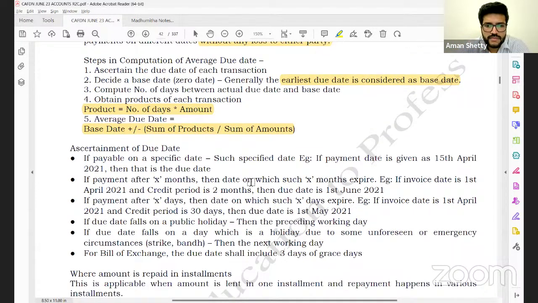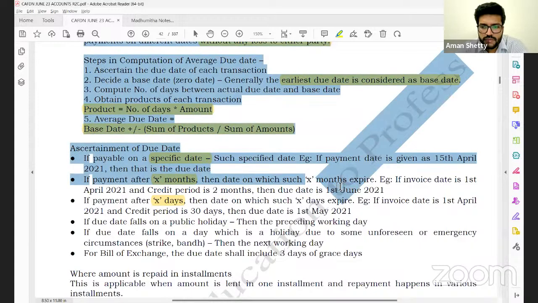Ascertainment of due date. If payable on a specific date, for example if payment date is given as 15th April 2021, then that date is the due date. If payment after X months, then the date on which X months expire. Example, if invoice date is 1st April 2021 and credit period is 2 months, then the due date is 1st June 2021. If payment after X days, then the date on which such X days expire.